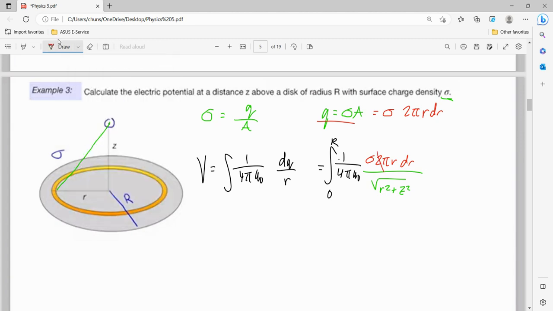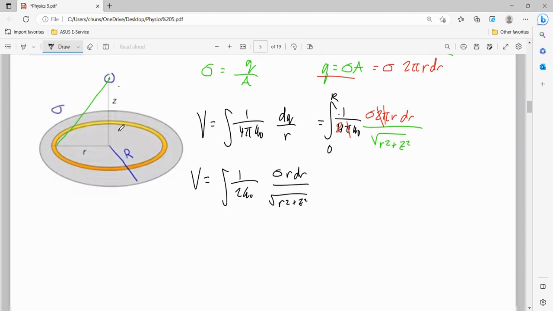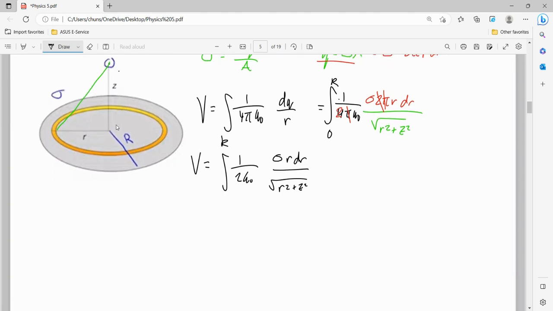We can cancel out this, turn this into a 2, to simplify it even further. So then this is going to give 2 epsilon naught, sigma r dr over the square root of r squared plus z squared. And again, this is from R to 0.